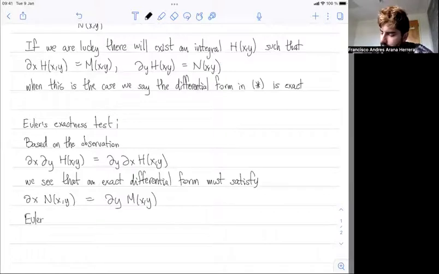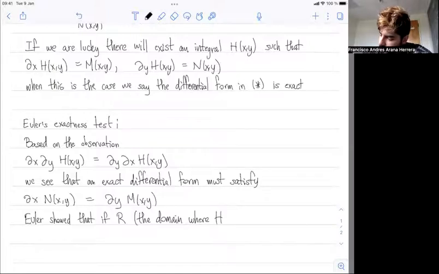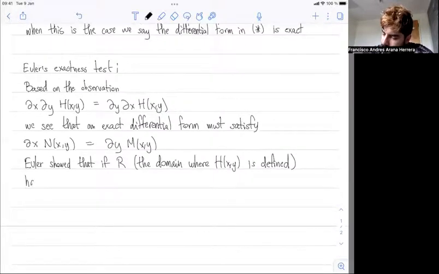Euler showed that if R, the domain where h(x,y) is defined, that's the notation we've been using, has no holes, then the converse holds too.